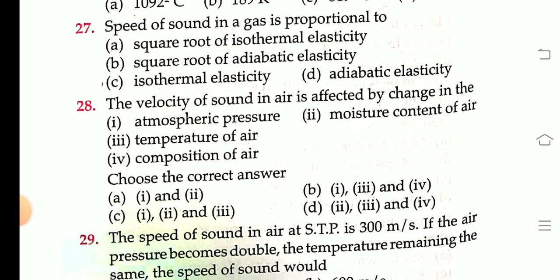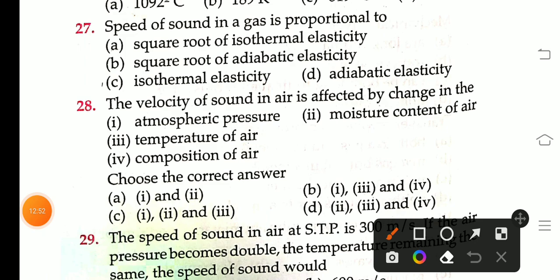Next, speed of sound in a gas is proportional to, right answer option B, square root of adiabatic elasticity.